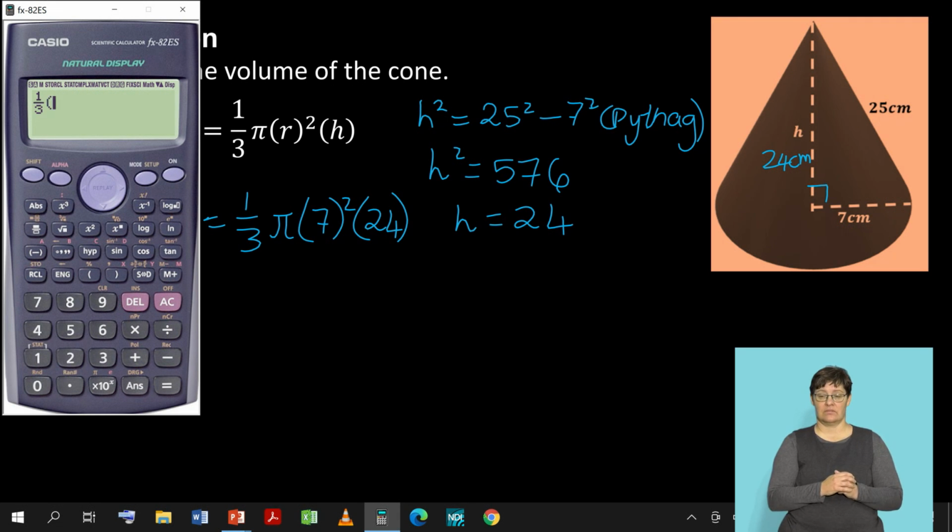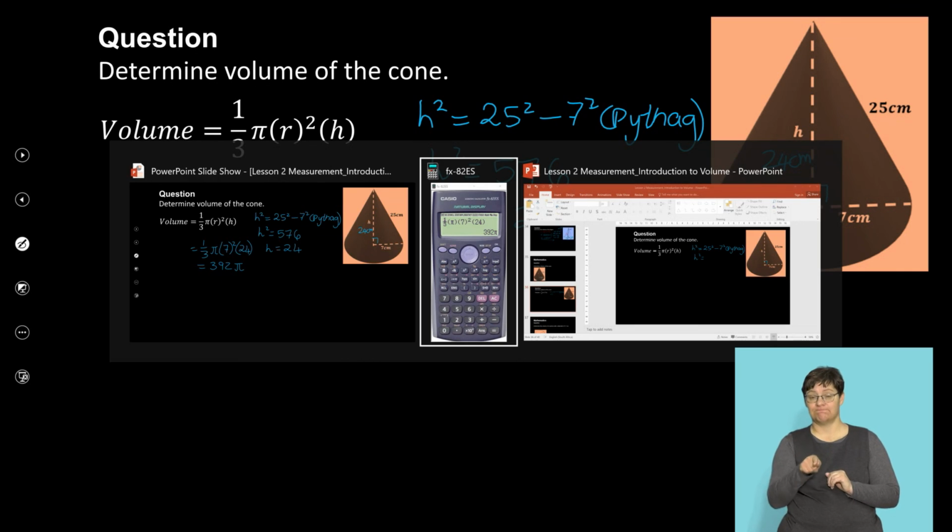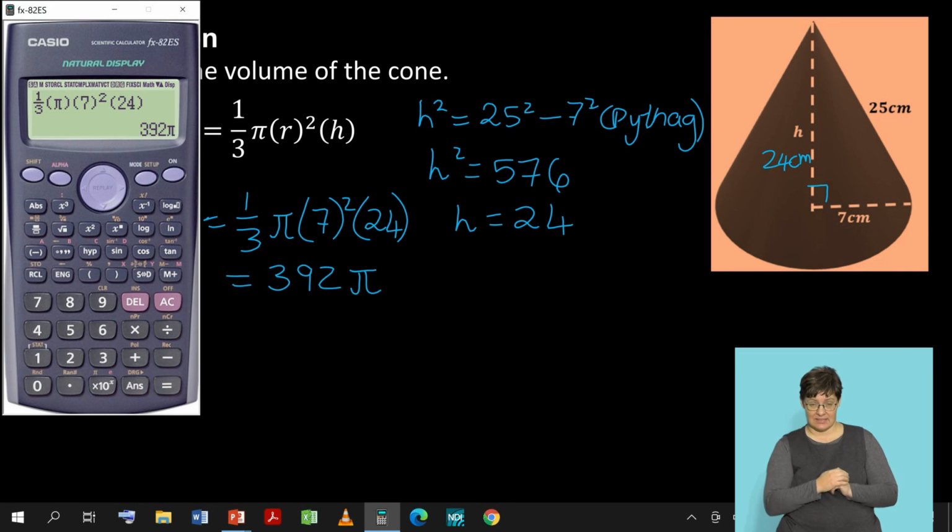So it's a third multiplied by pi multiplied by 7 squared multiplied by 24, which is going to give me 392 pi. And if I want to round this off to the second decimal place, we're going to press our SD button.